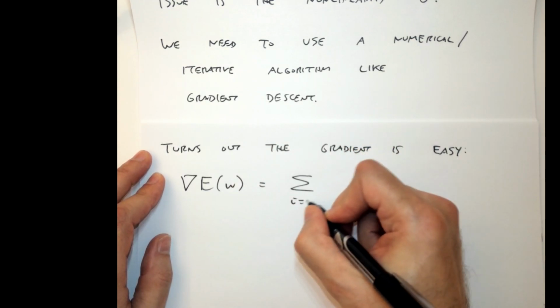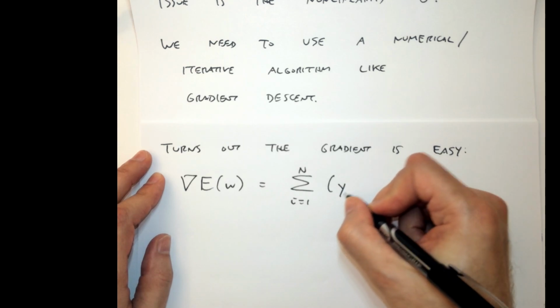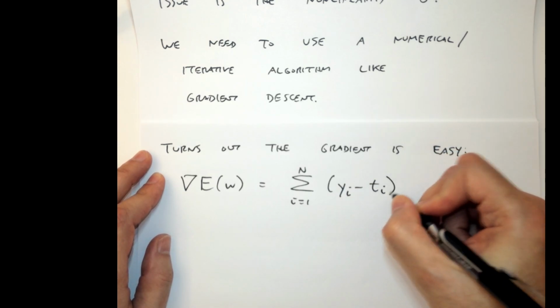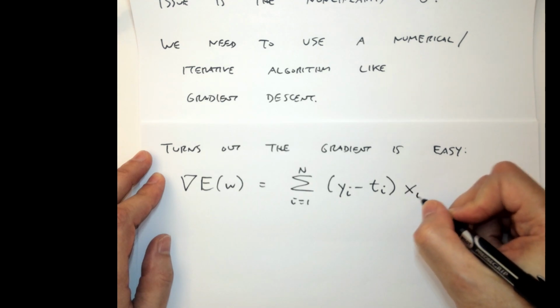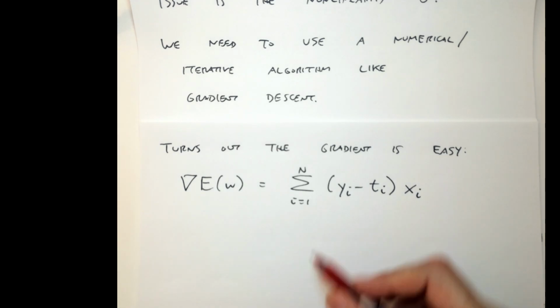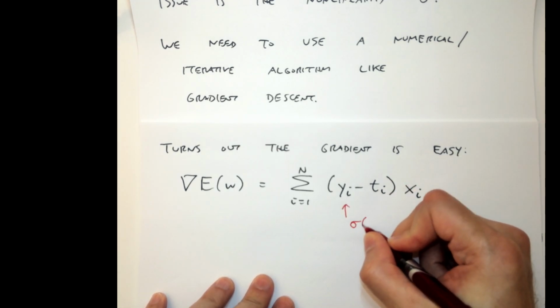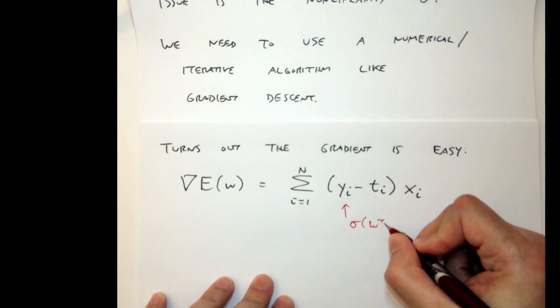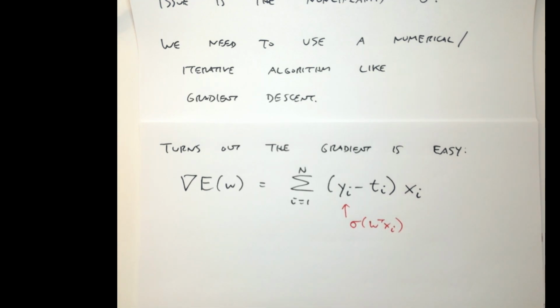It's the sum over all the data points of this. And actually, looking at this, again, remember, this thing is this nonlinear function of W transpose times xi, right? So this is basically saying, every point, it's kind of like a weighted sum of the points, right?